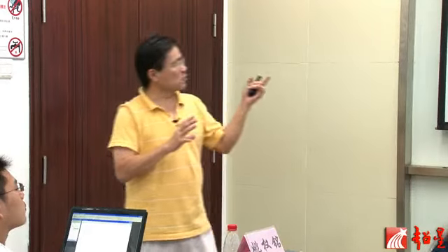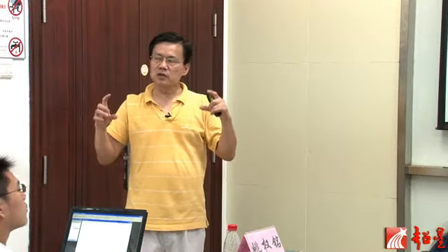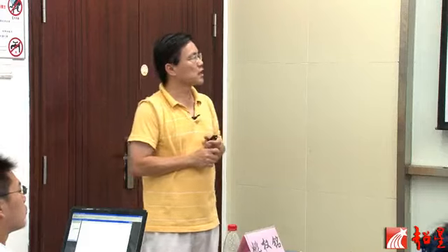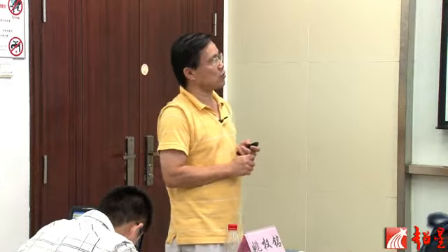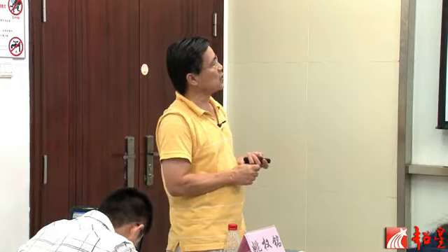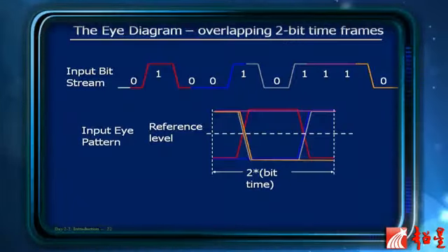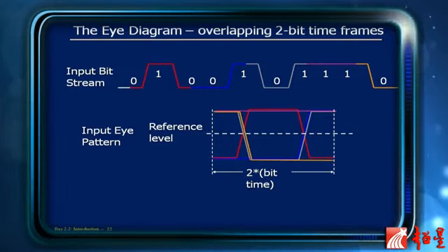The next topic is how do we study digital signal transmission? To study digital signal transmission, we use a time domain description, which is called an eye diagram or eye pattern. So this is the digital signal, right?